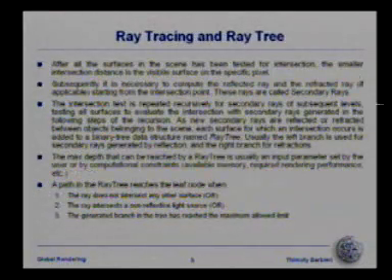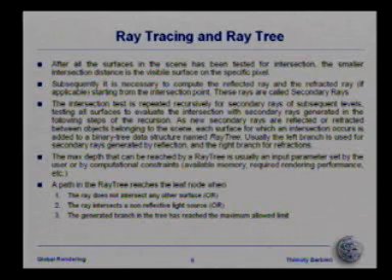But the main idea is that when you're casting these rays, you are building a data structure. What's a data structure? It's a way for you to organize data that you are collecting while your program is running. Okay? It could be a matrix, it could be a vector, or it could be a tree.